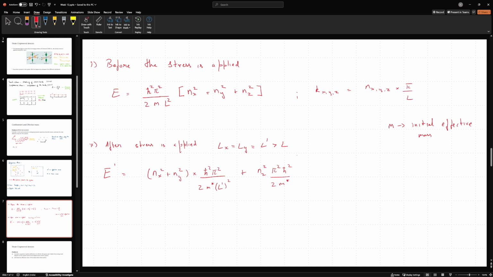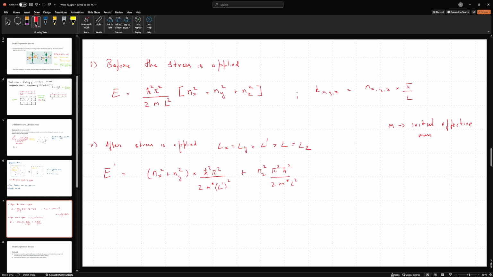I'm assuming Lz is equal to L still. Now since L prime is greater than L, I know this energy value becomes smaller. Essentially, the energy separation becomes lesser.